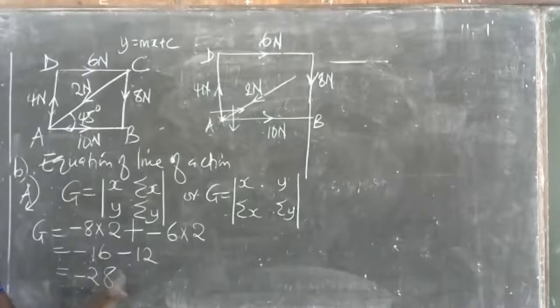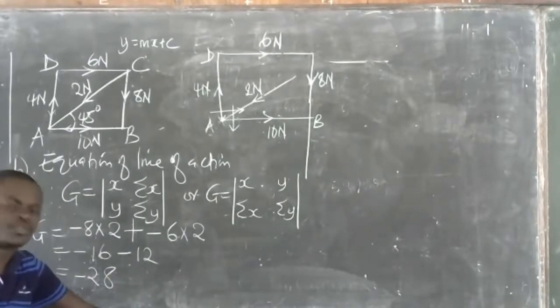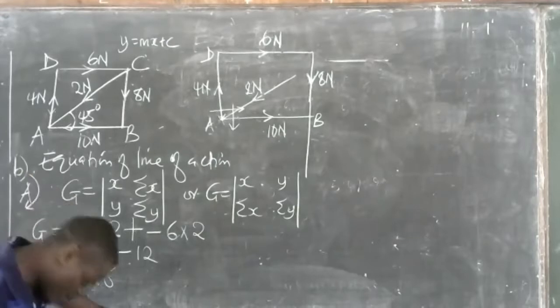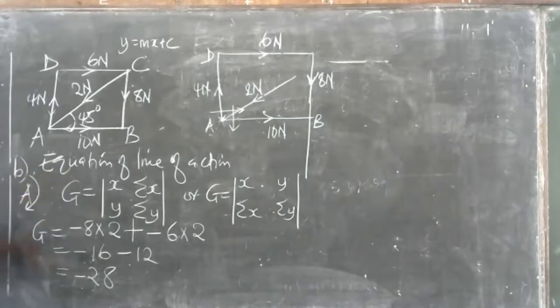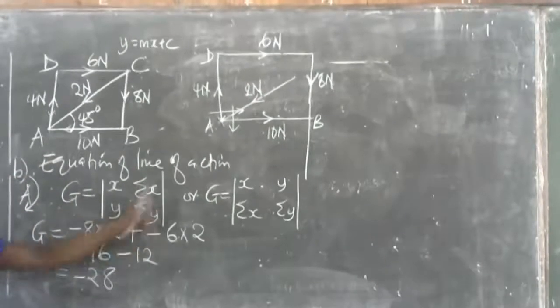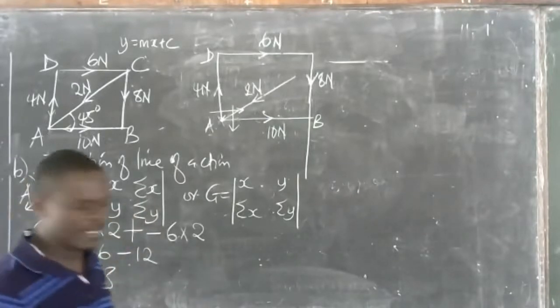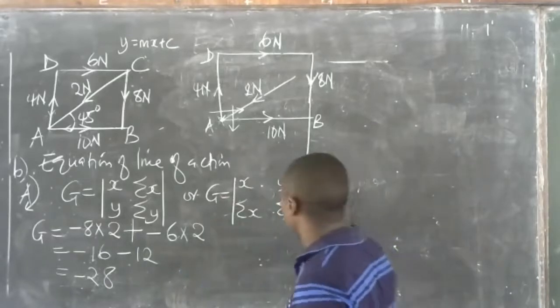The units will be Newton units, but they did not request them. Should you state them and they are wrong, no one requested units, you better leave them. Now we have got G and we already have the components. So we substitute and get the determinant and the equation of line of action.